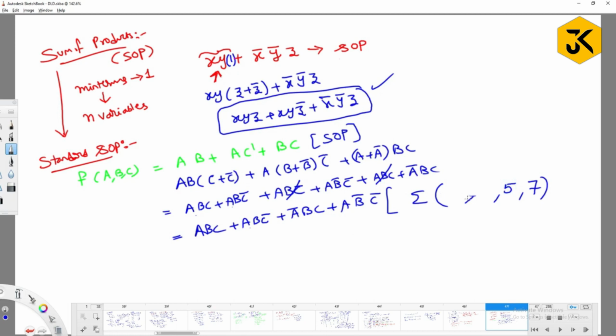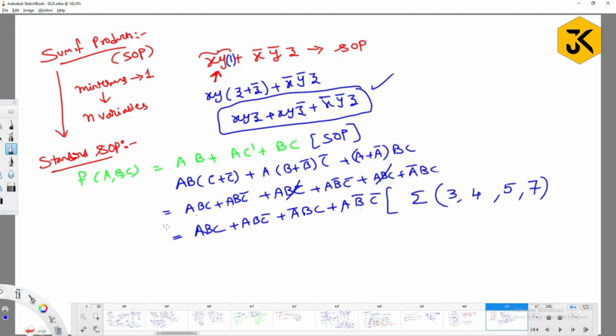A bar BC is 011, which is 3. A B bar C bar is 4. So 3, 4, and you can write them in order: 3, 4, 6, 7. Okay, fine.